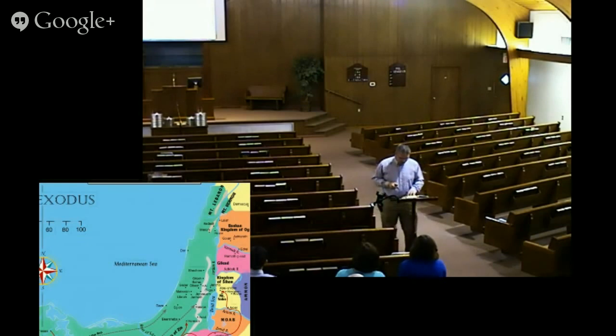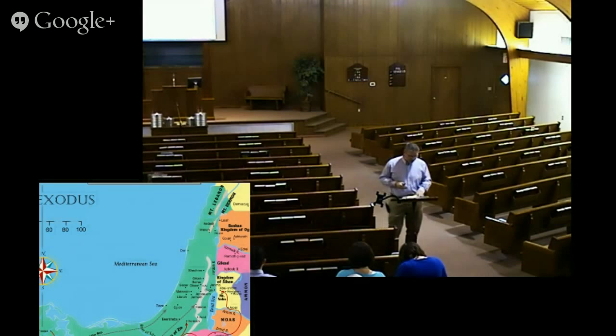It also seems to be quite messianic, in the sense in verse 17. Could be talking about David as well as the Messiah. In verse 17, a star shall come forth from Jacob, a scepter shall rise from Israel, and shall crush through the forehead of Moab. So some things that will happen on down the line. But what happens next is, Balaam has tried his best.